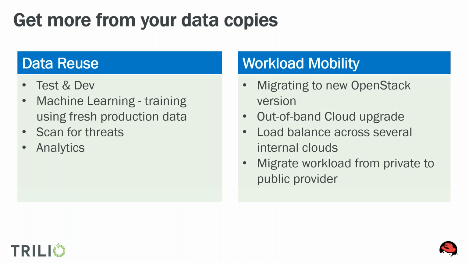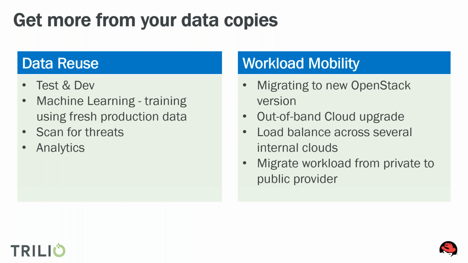The second use case is workload mobility. That's almost unique in the way that this comes into play. So think about these examples. If you're migrating from one OpenStack distribution to another, how useful it is to be able to migrate an entire operating workload. Your data, your application, everything comes to life.